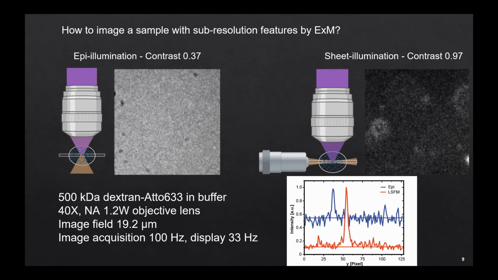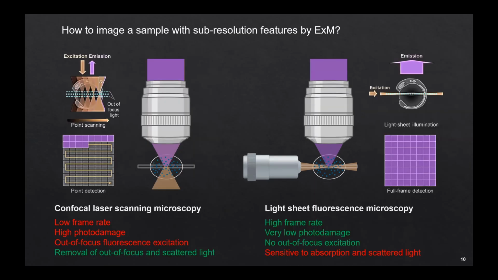In general, light sheet is really fast and will bleach your sample really little, but it has one drawback: it is really sensitive to the absorption of the light. That means that if your sample is not transparent, then probably light sheet is not the way to go.